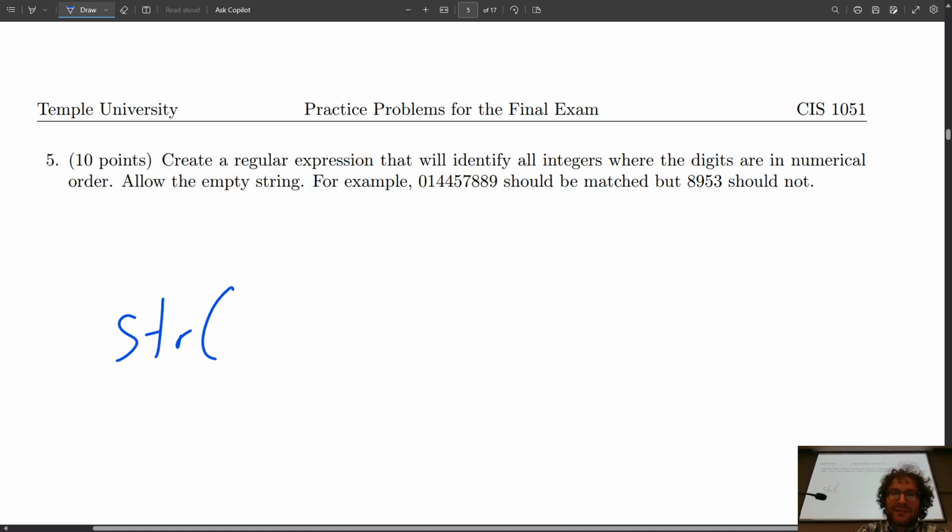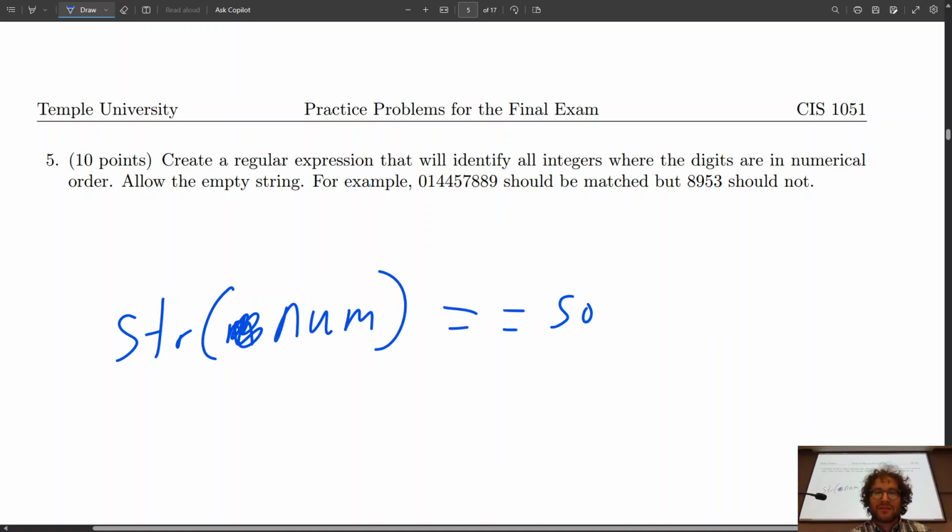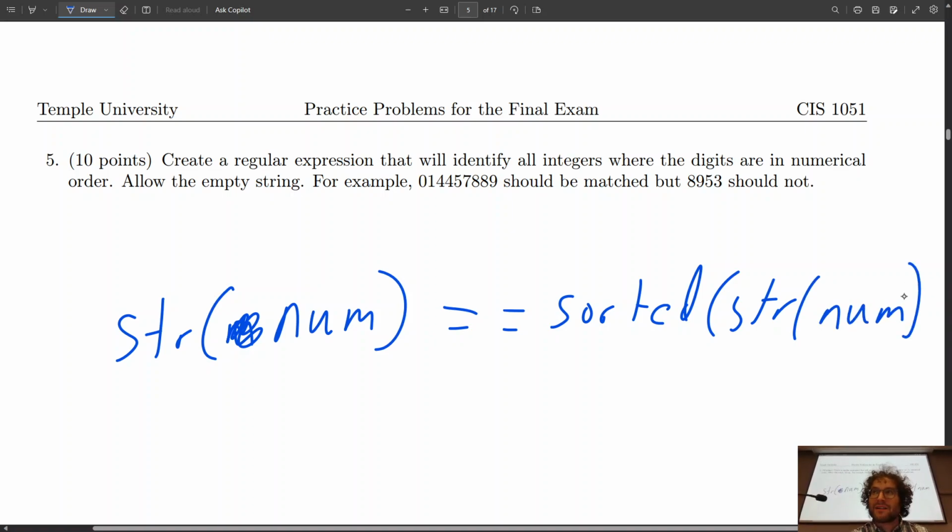If this number is equal to sorted(str(number)), that would work, right? Convert it to a string, sort the string.